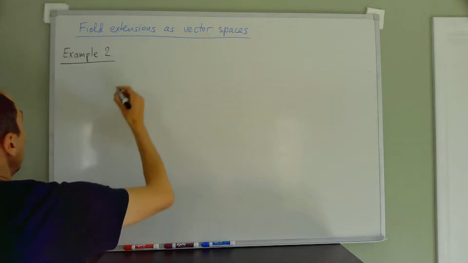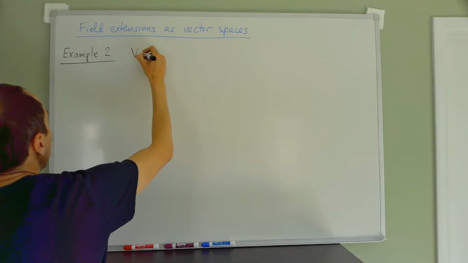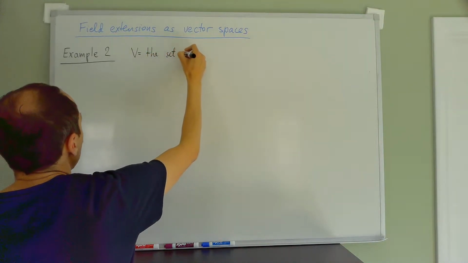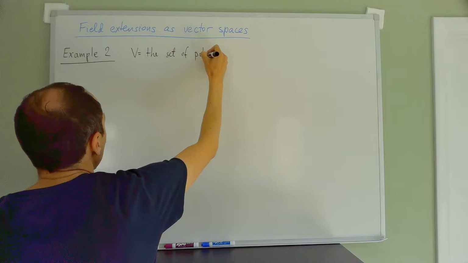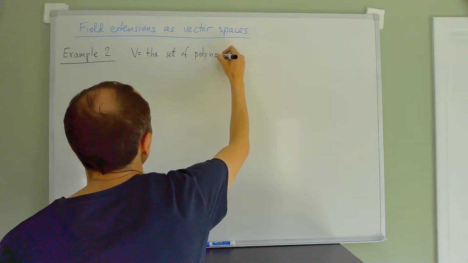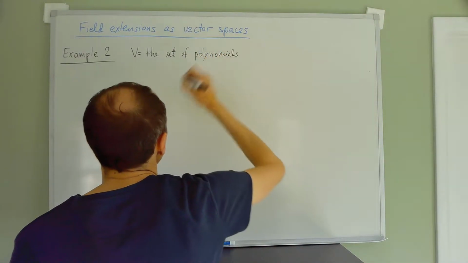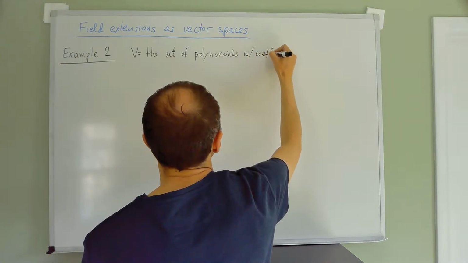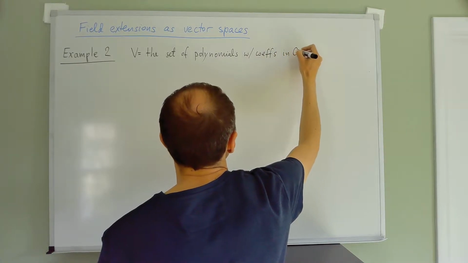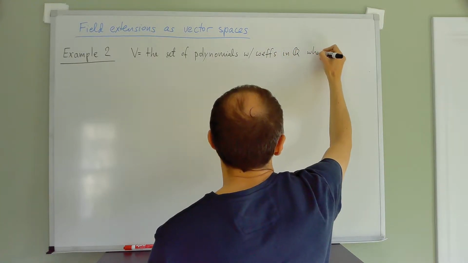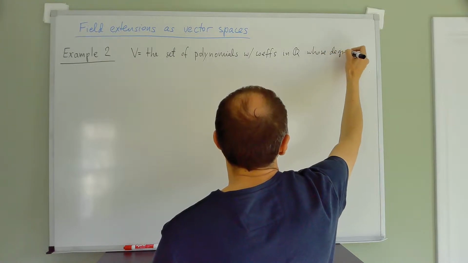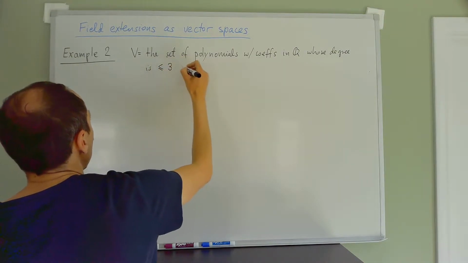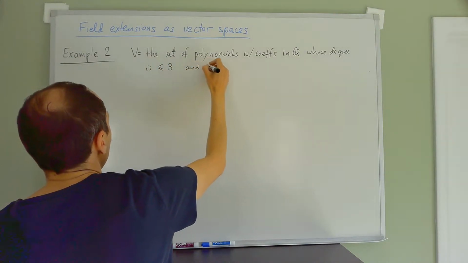In this case, I'm going to take V to be the set of polynomials with coefficients in Q whose degree is less than or equal to 3 and the zero polynomial.